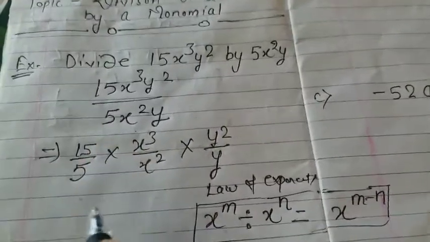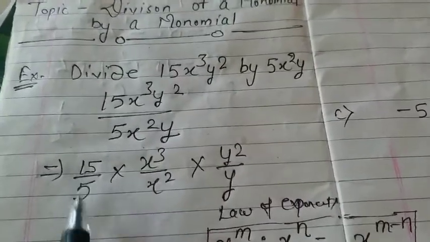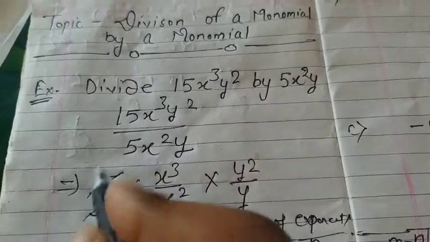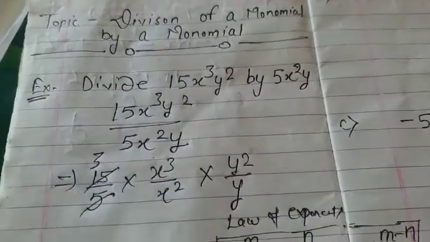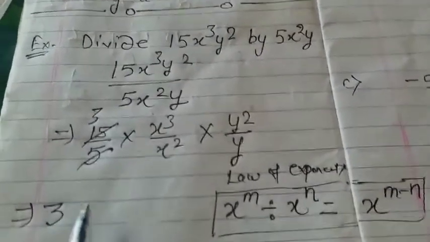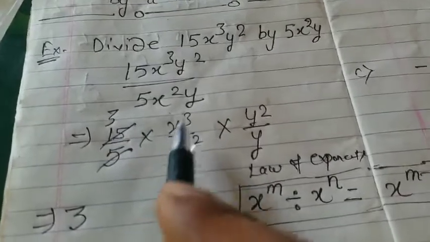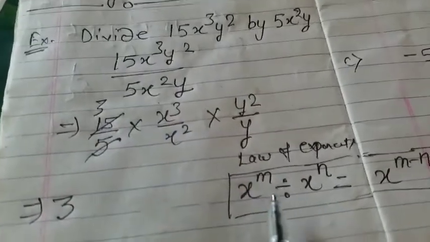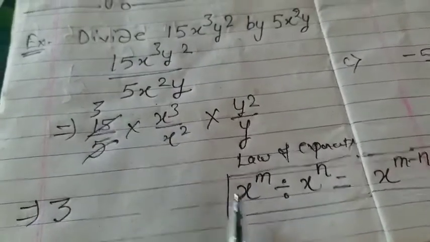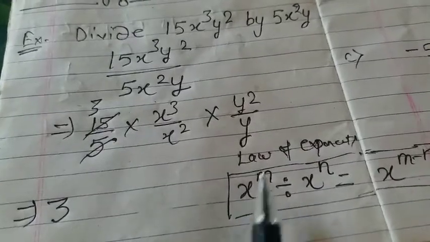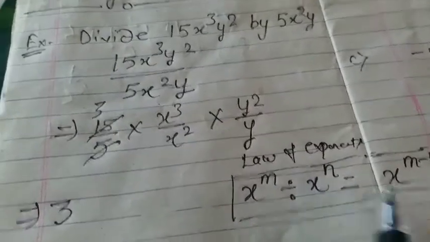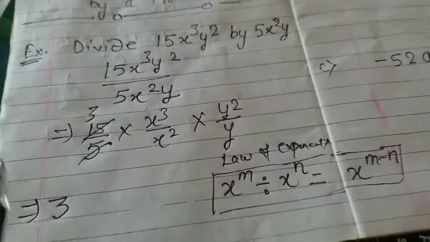Let's start. 15 divided by 5: 5 threes are 15, it gives 3. Now x cube upon x square. In this step we use the law of exponent, x to the power m divided by x to the power n, then powers are subtracted.